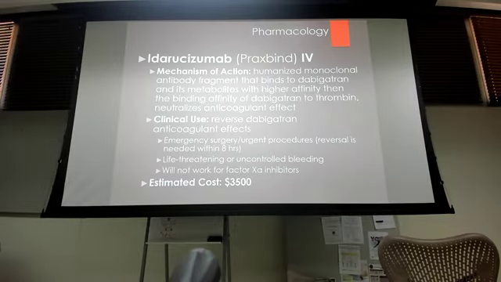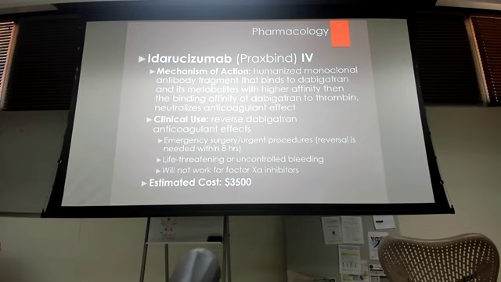All right, so now we're moving into idarucizumab. Praxbind is easier to say, right? It's IV. And what is it used for? It reverses the dabigatran, so this is a reversal agent. You don't need to know it, but it's a humanized monoclonal antibody fragment.